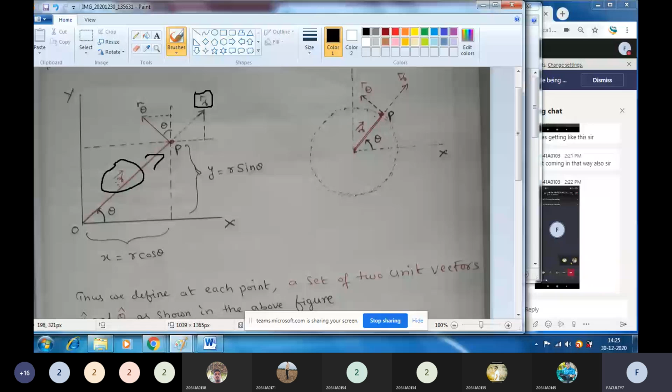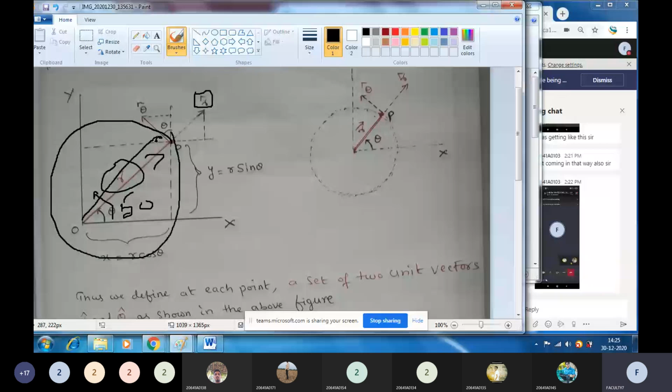If this is some 30 degrees, and you increase to some 50 degrees, this angle will increase, and r will go to some other point. If you continue to increase the value, you are going to get a circular path.